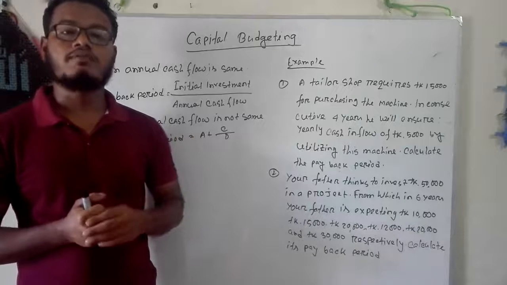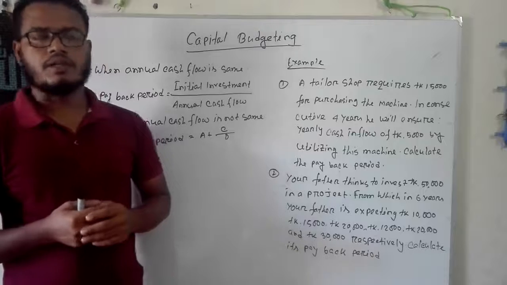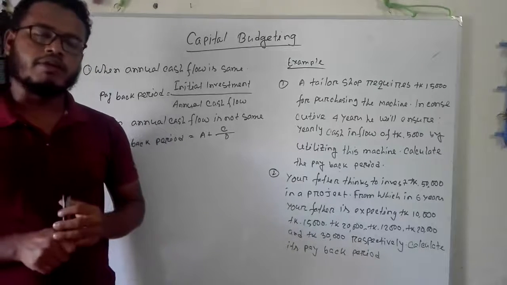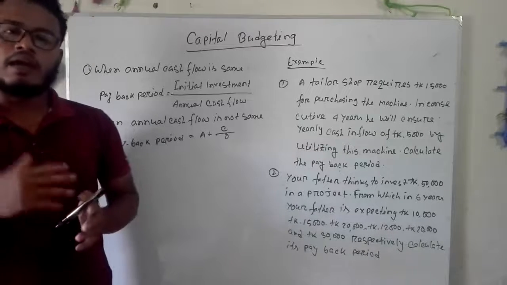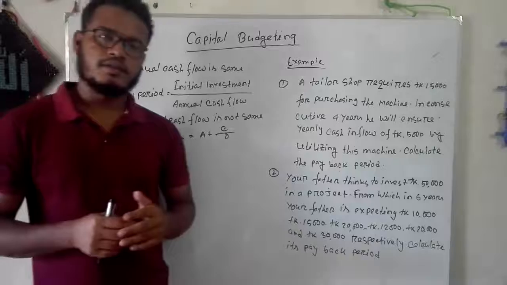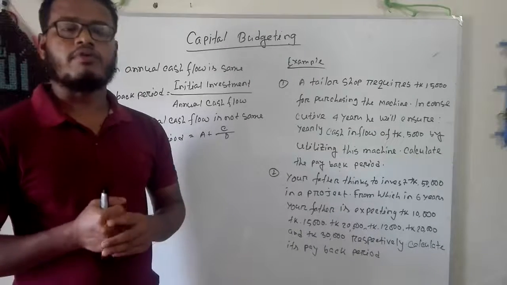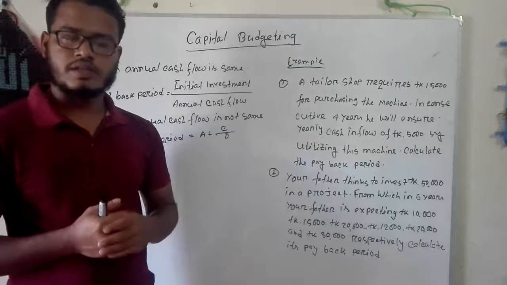So dear students, there are two formulas to calculate the payback period. Also, it can be calculated by applying one formula, but there are two techniques to find out the payback period in view of two situations.